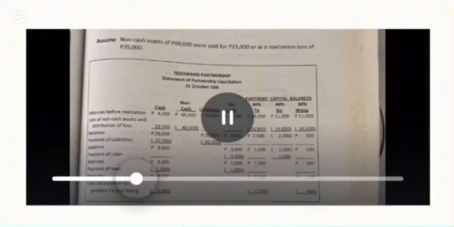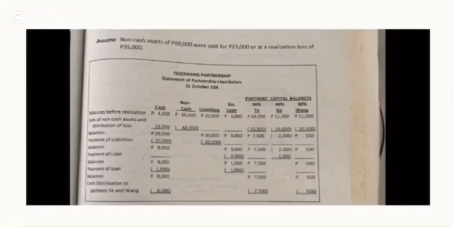And case 3, loss on realization with capital deficiency and right of offset exercised. Assume that non-cash assets of 60,000 pesos were sold for 25,000, or at a realization loss of 35,000 pesos. So under the statement of partnership liquidation, the balance before realization, cash, is 4,000 pesos.